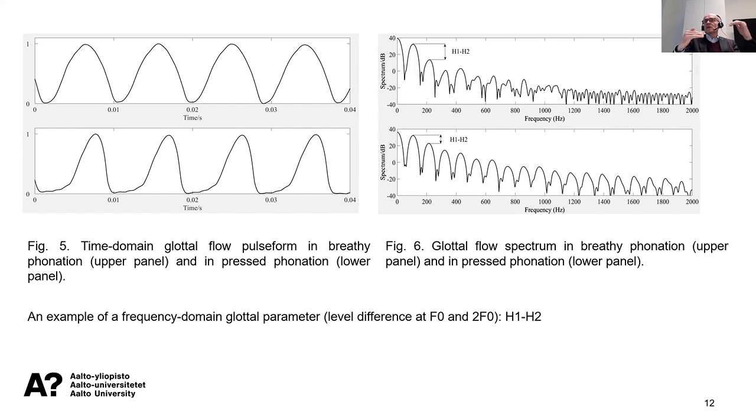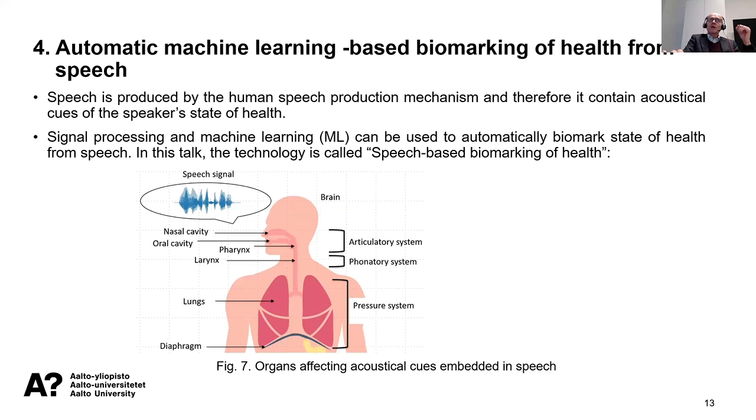But the spectral tilt or spectral decay is the most important frequency domain parameter which is quantified. So this is background in inverse filtering. The technique is old. We have several alternatives for the inverse filtering technique, and then we can select the parameters. And once we combine them, then we can do basic research in voice production.